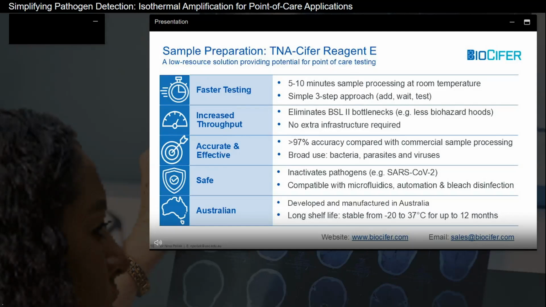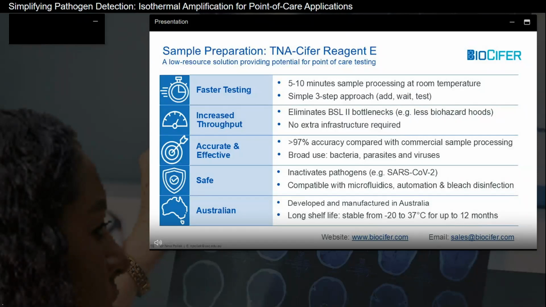And one of the most critical points is safety. DNA-cipher reagent E doesn't just work fast. It also inactivates pathogens like SARS coronavirus 2, making it safer for lab personnel. Plus, it's compatible with emerging technologies like microfluidics, automation, and even bleach disinfection.